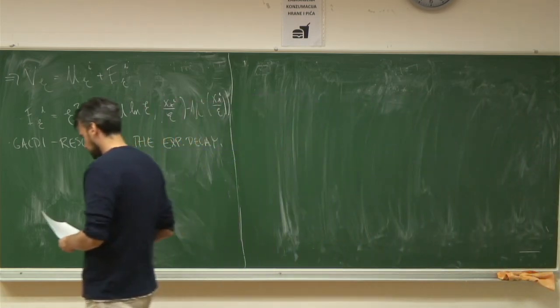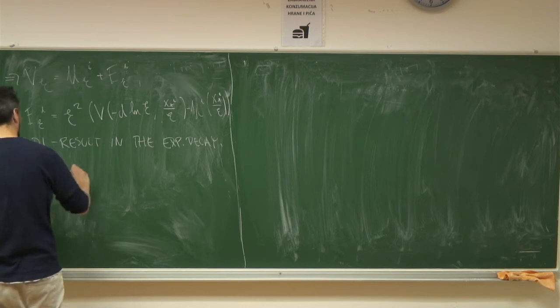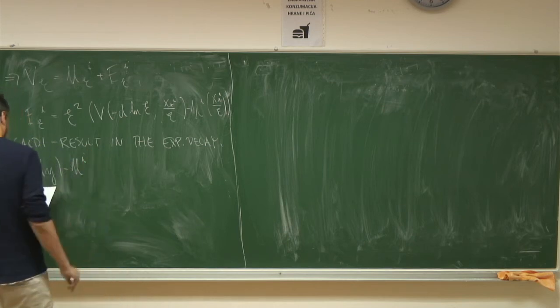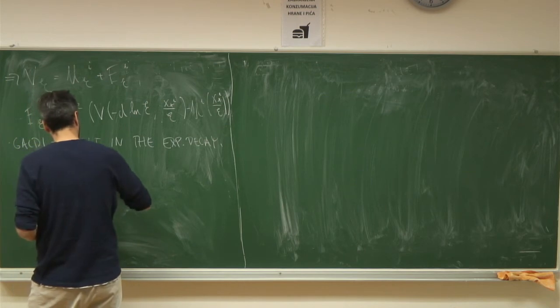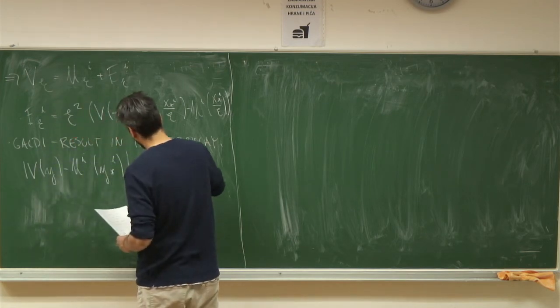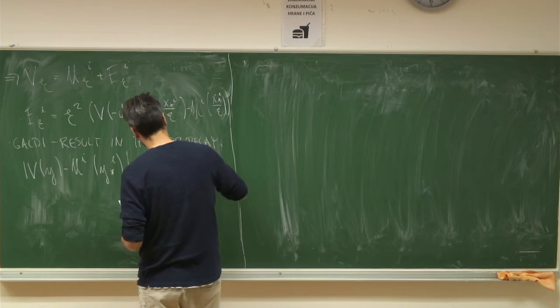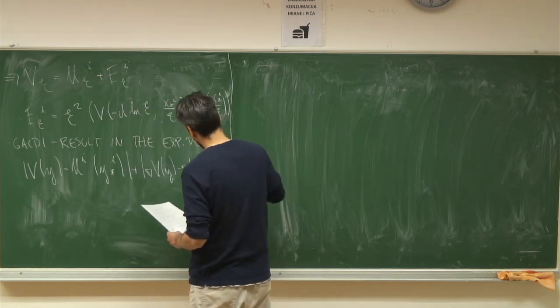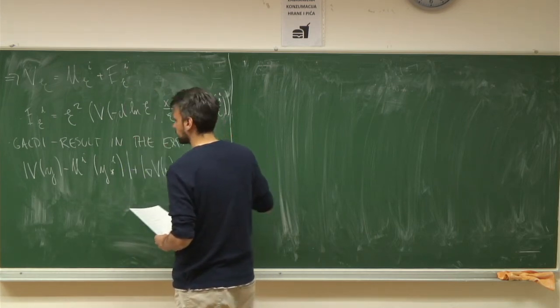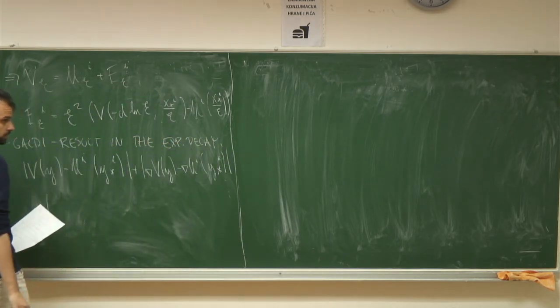Okay, so what you have is v epsilon minus u1 y star i, plus gradient v epsilon minus gradient u1 ui y star i, plus the pressure is determined up to a constant.